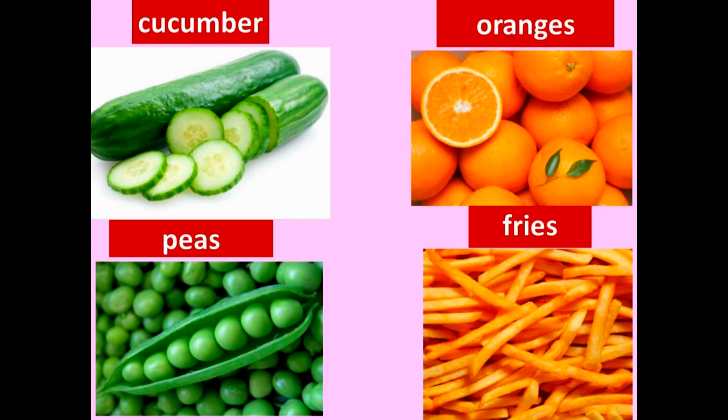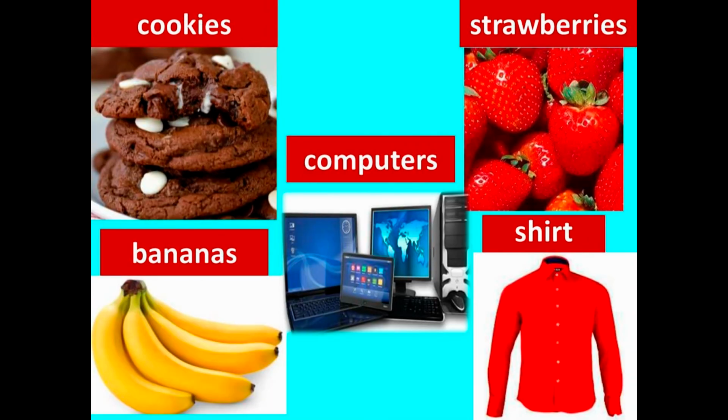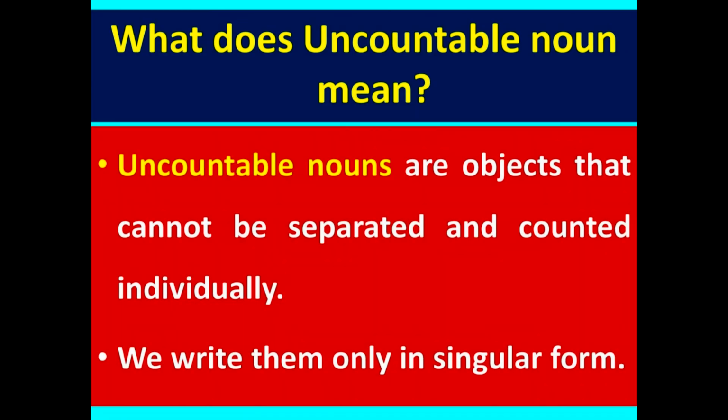You can see a few examples with pictures for countable nouns such as cucumber, oranges, peas, fries, cookies, strawberries, computers, bananas, and shirt.